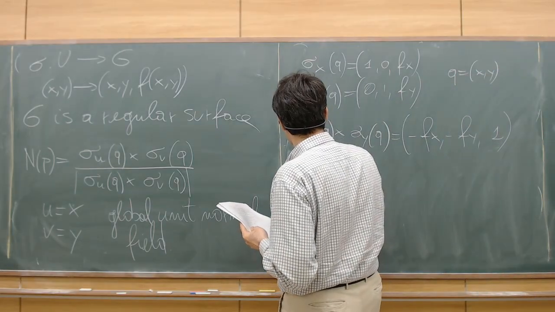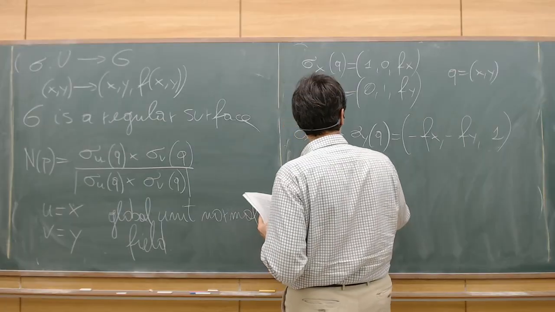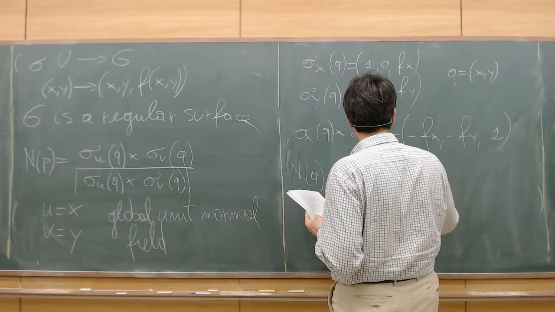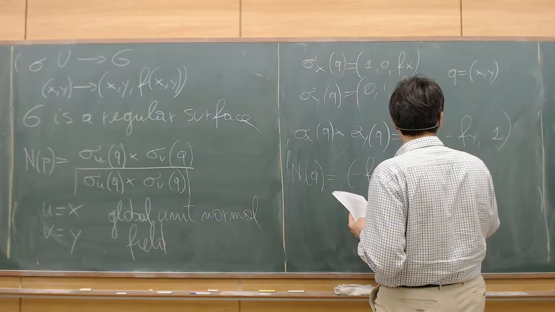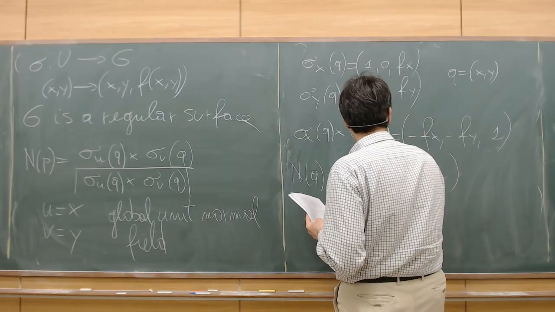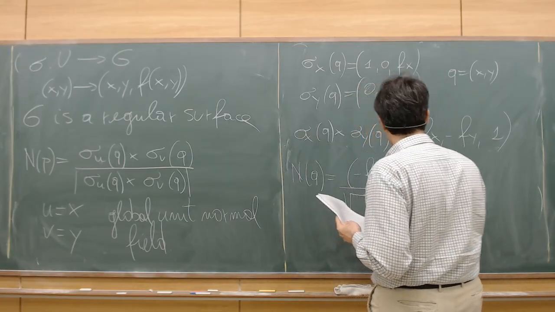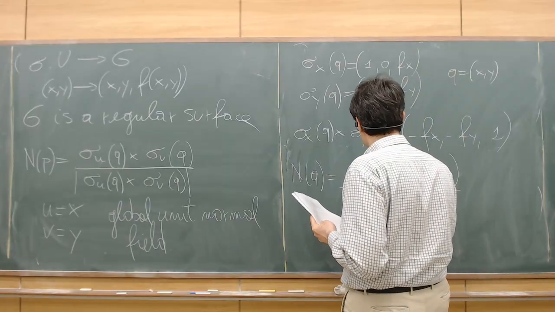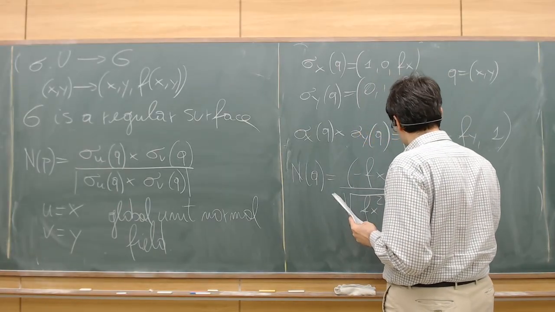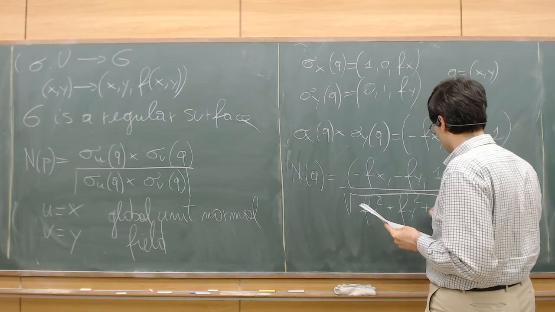So n of q is given by this formula, minus f x, minus f y, 1 divided by the square root of f x squared plus f y squared plus 1.